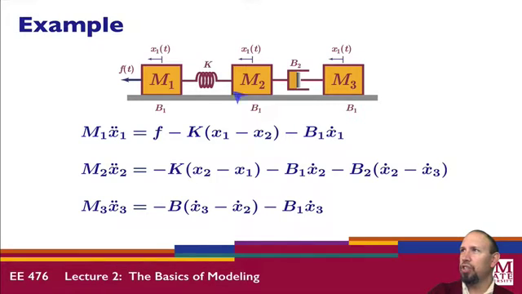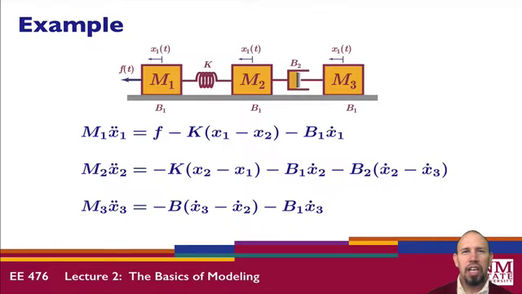Notice between mass 2 and mass 3, I have a damper. And notice that for the spring force between mass 1 and mass 2, here I have x1 minus x2. In the next equation, I have it reversed, x2 minus x1. Similarly, for this damper, I have x2 dot minus x3 dot, and it's reversed here, equal and opposite.